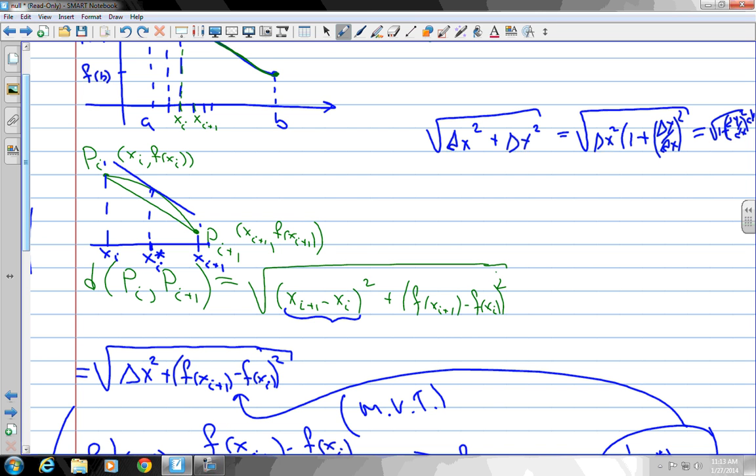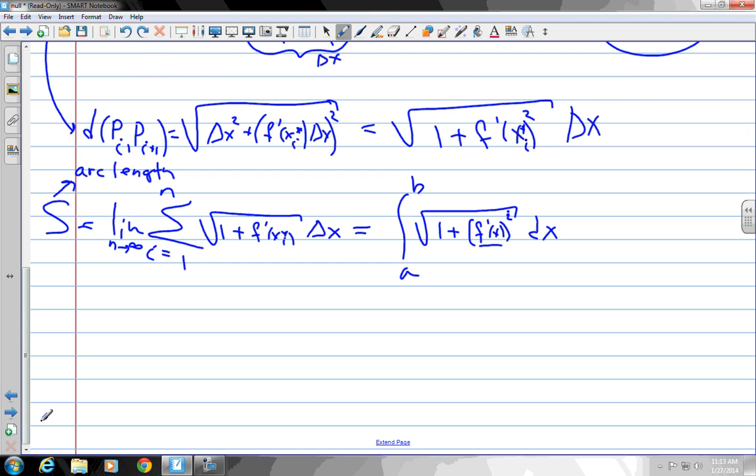Wait, so the final thing is the square root, integral from a to b, of 1 plus the derivative squared. Oh, that's squared, not i. Yeah, that's the squared. But yeah, we can rewrite it. We can just say this is the s.